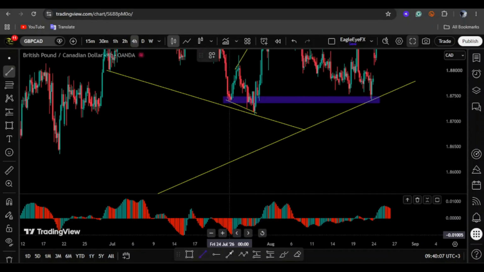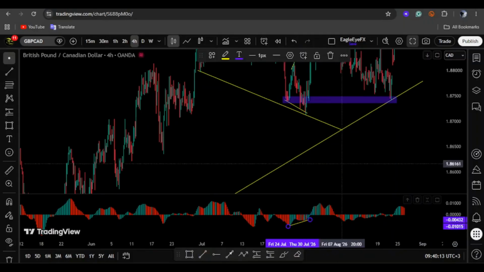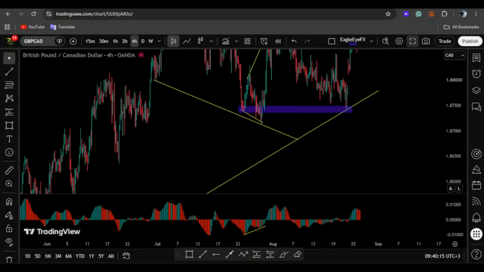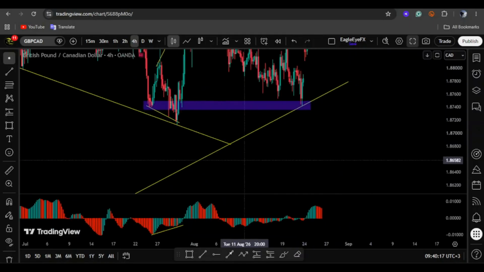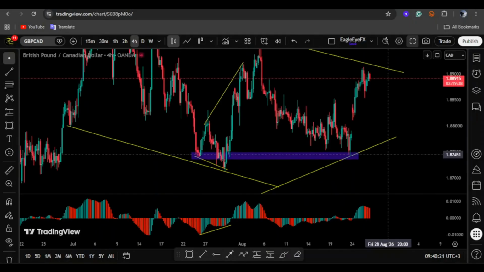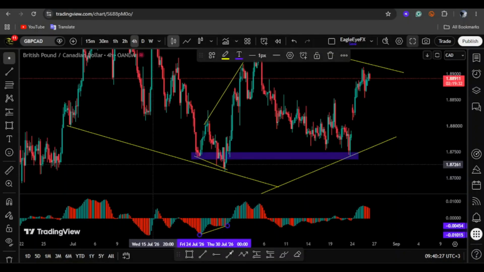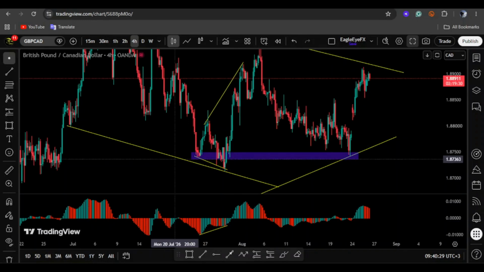The awesome oscillator did the opposite, and as you can see over here, it gave us a higher low, and that is what we call a regular divergence. All right, so this is a very nice regular divergence. As the market was giving us the lower low, the awesome oscillator was giving us the higher low.